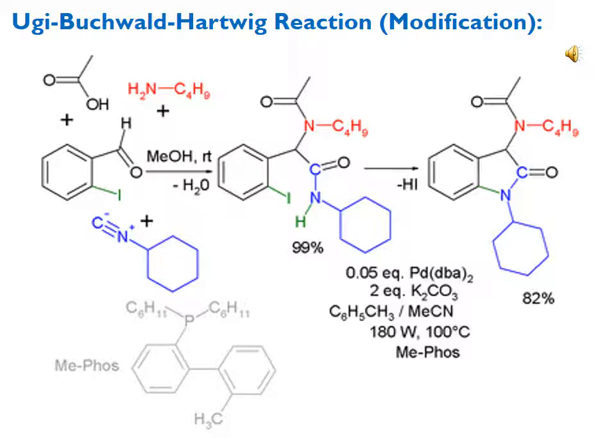The reaction was progressed under a microwave oven at 180 watt and 100 degrees C temperature, also with methyl phosphine, whose structure is also shown here, Me-Phos.